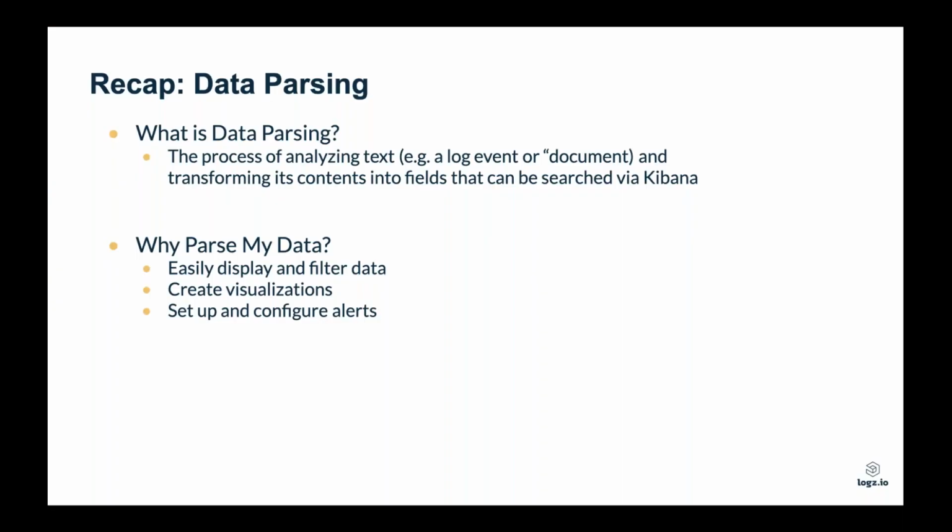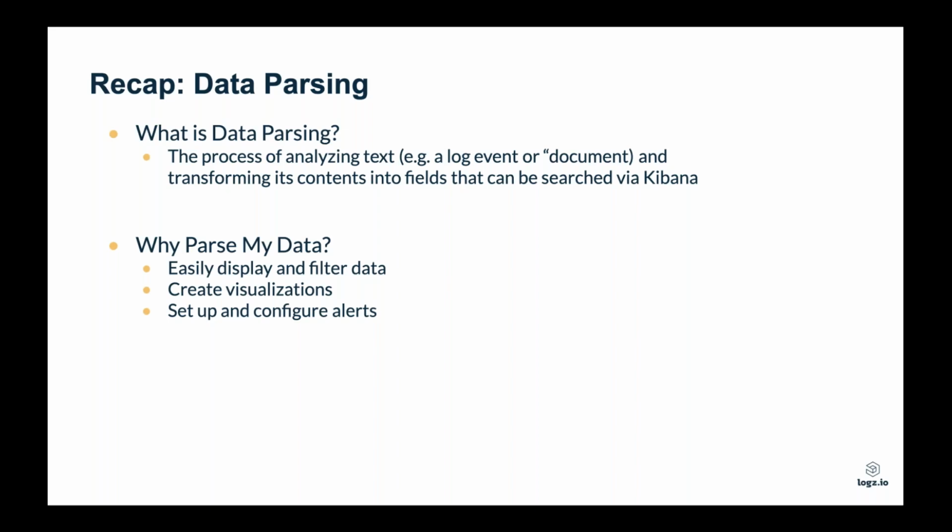As a beginning to what we covered in Kibana Search Part 1, we talked about the concept of data parsing. So I'm going to touch upon it again here. What is data parsing? Data parsing in its simplest sense is just taking some kind of string of text or a document and extrapolating that into a field value pair combination.